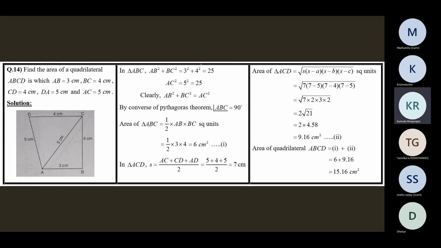So I have just expressed how to use the converse of Pythagoras theorem to show that a triangle is a right triangle.